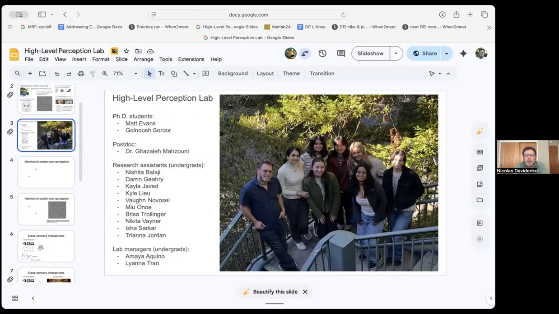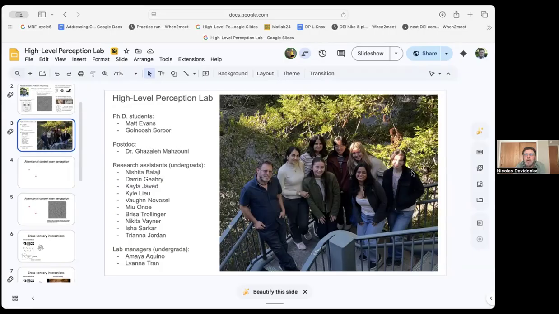This is the most recent lab photo from my lab, but this doesn't reflect the whole lab. There are many people missing from this photo, but we took this at the end of last quarter. In this picture, I have Golnush, who is a PhD student, and Gazelle, who is a postdoc. She recently graduated with her PhD last year from my lab and is staying on as a postdoc.